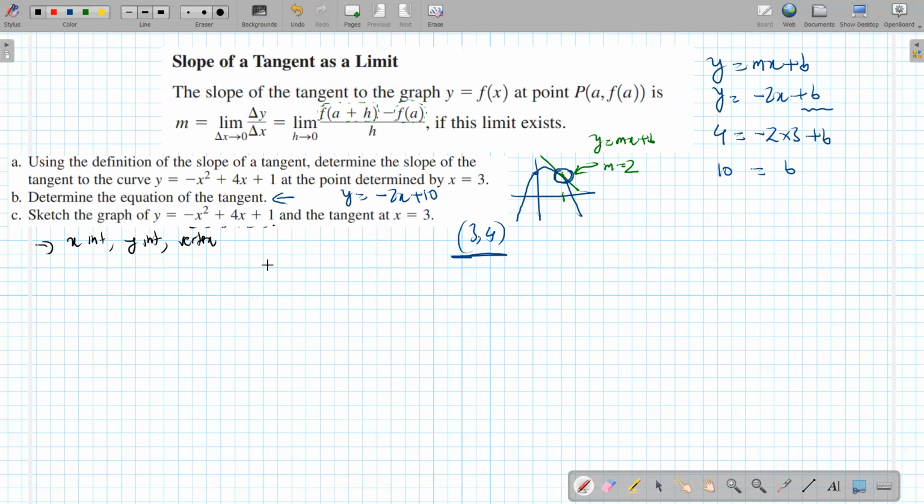You can find the vertex by doing this. The x value of the vertex is negative b over 2a. The b value is 4, so it'll be negative 4, over 2 times negative 1. So it'll be negative 4 over negative 2, which is 2. That's the x value of the vertex. How do you find the y value of the vertex if you know the x value?